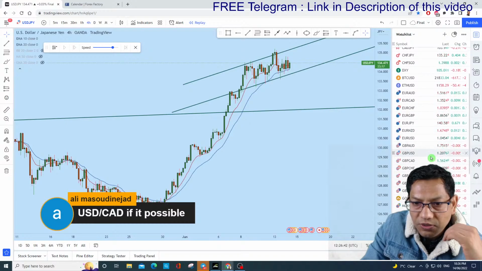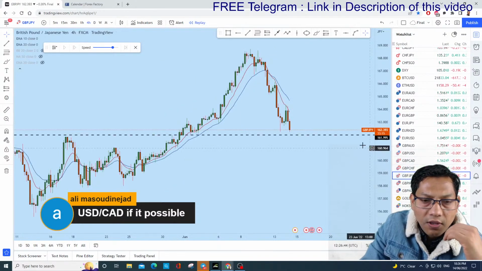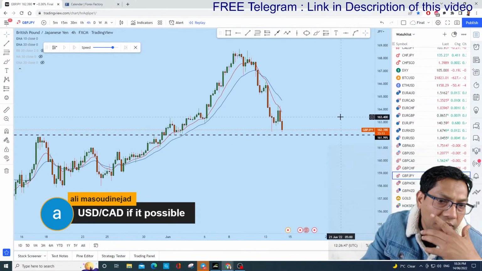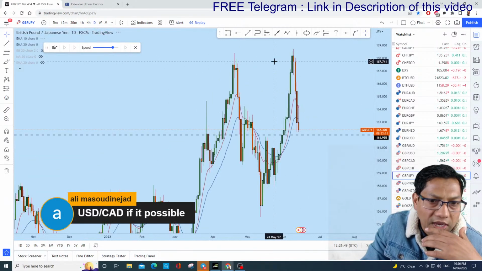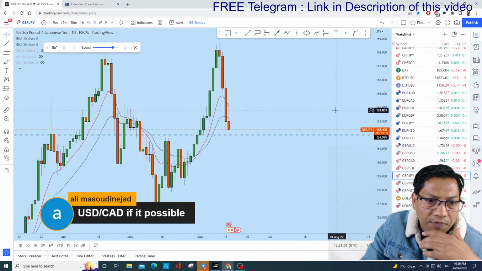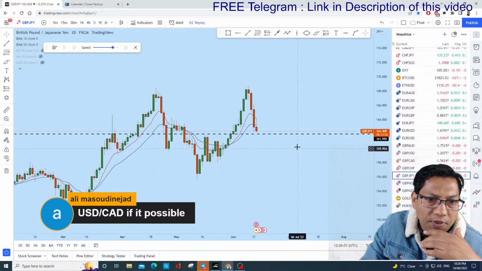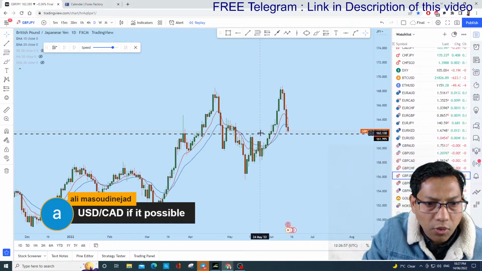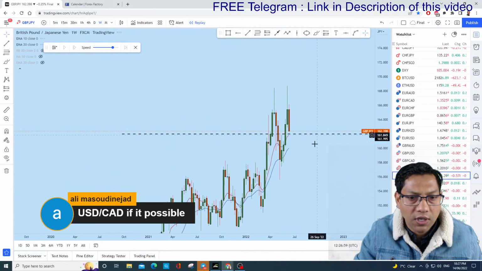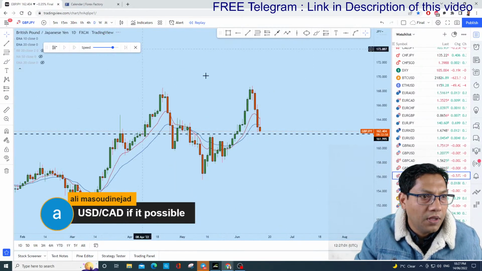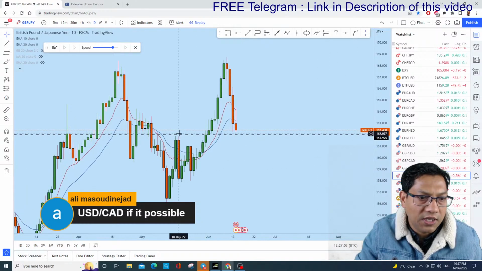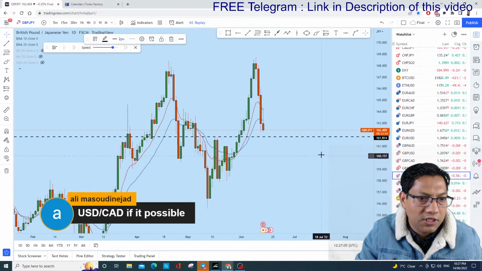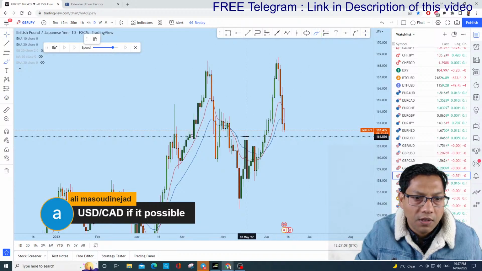Okay guys, let me see GBP JPY. GBP JPY is still bearish. At the beginning I discussed it, as I told you that on GBP JPY the price is now just on this support. Why? Because if you look at the daily time frame, this is the previous resistance here.